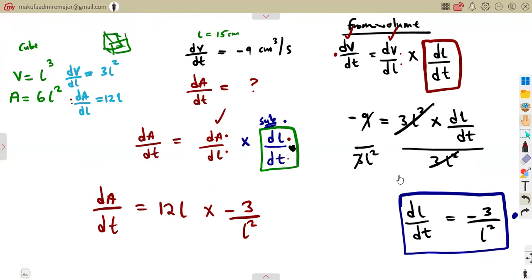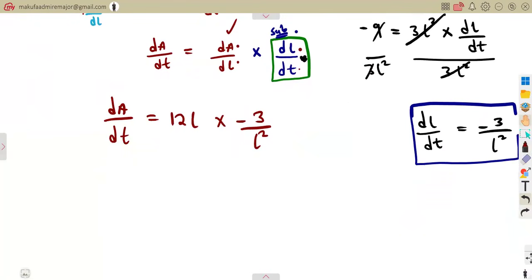They were hiding this information. You are used to them giving you this directly: the one for area with respect to length, and the rate of change of the length, you just substitute. The only thing you have to do is find the derivative of area with respect to length. But this one was to be combined. The volume is not what we are working with, but it is giving us something that we need where the area is to be used.